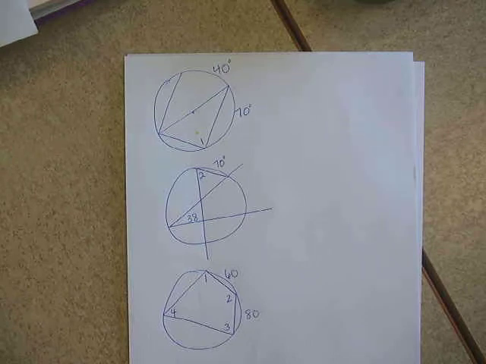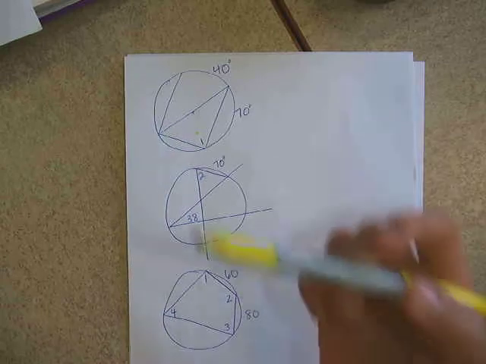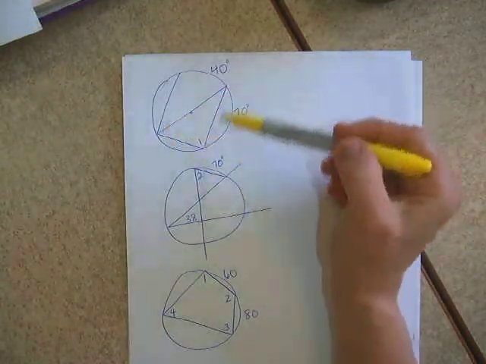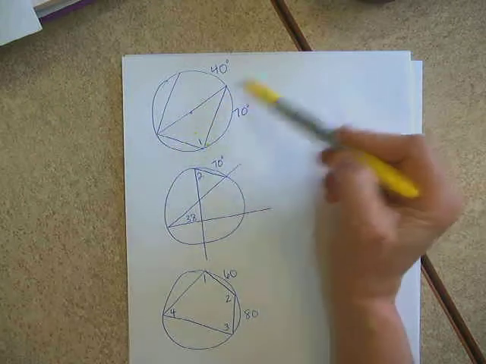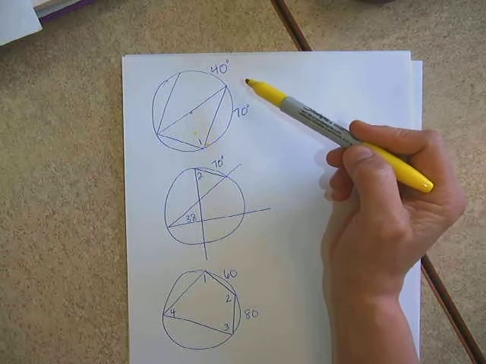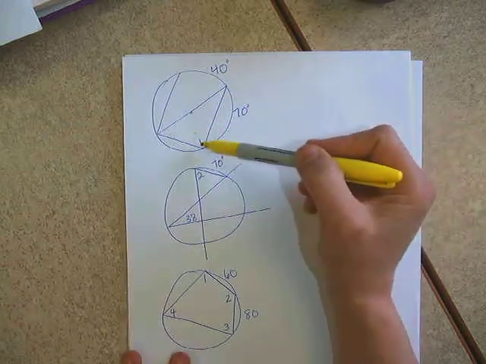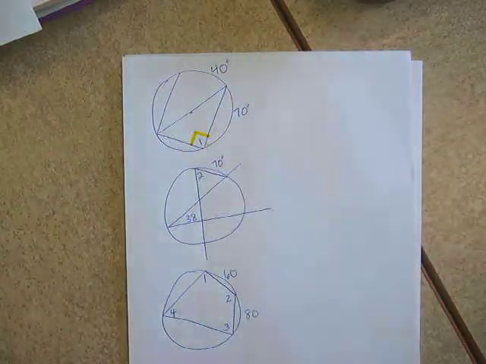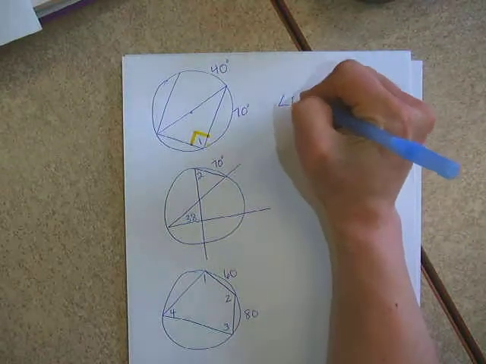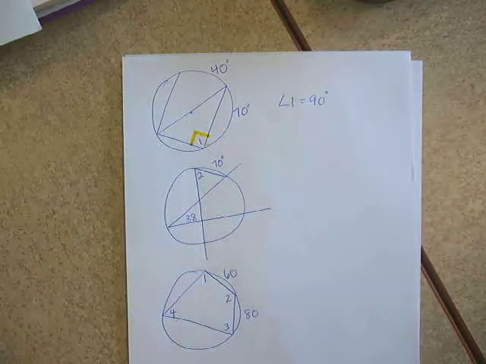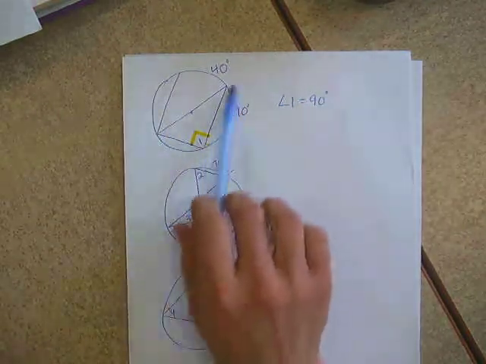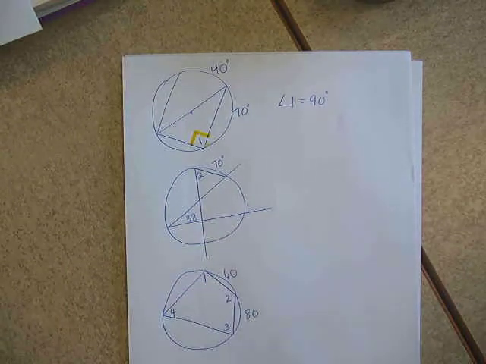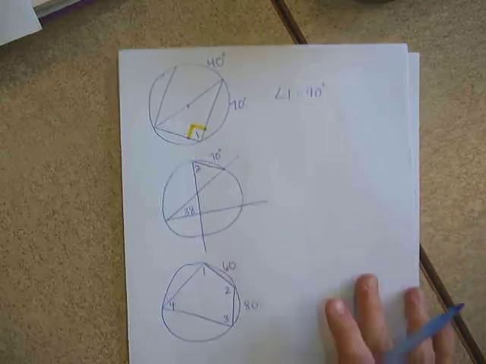An angle inscribed in a semicircle is a right angle. So if you have a triangle where one side of it is your diameter, then that angle automatically has to be a right angle. So angle 1 is 90 degrees because it is inscribed in a semicircle.